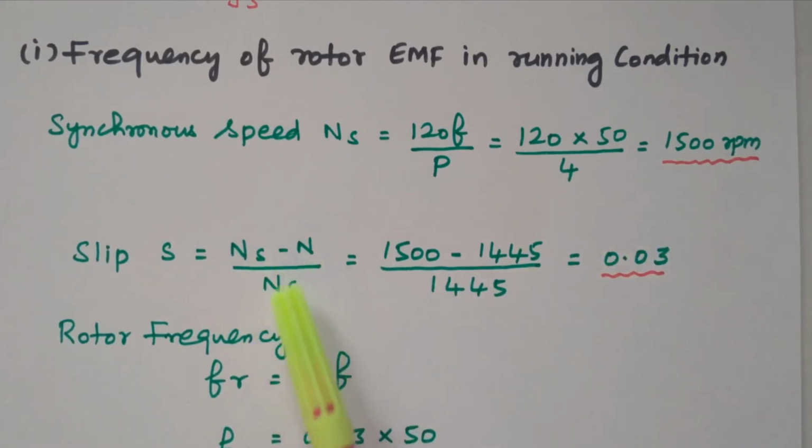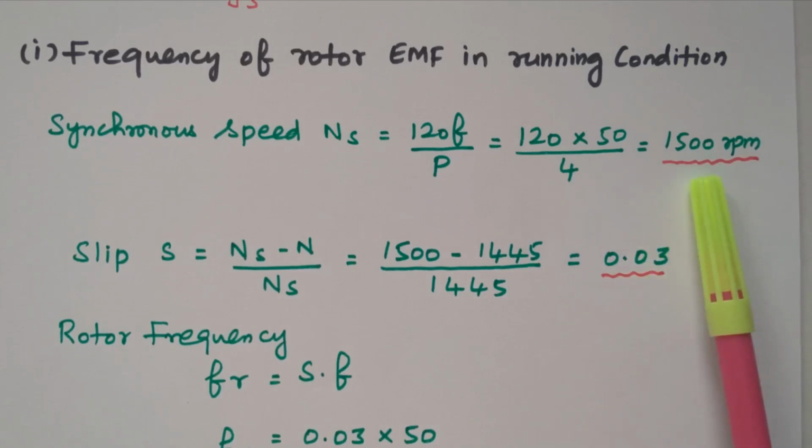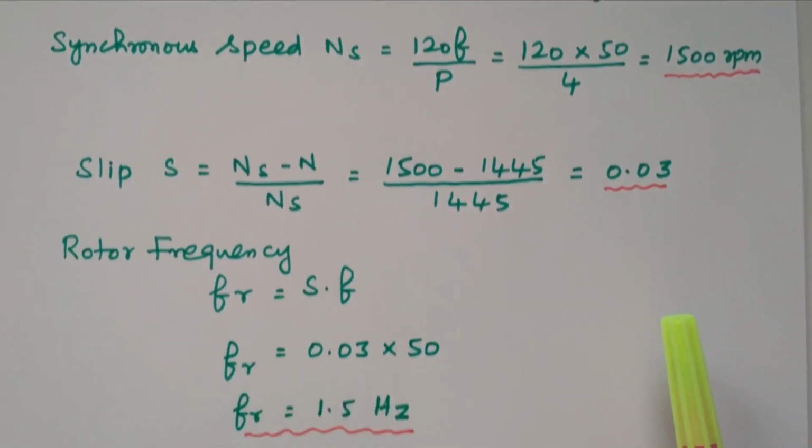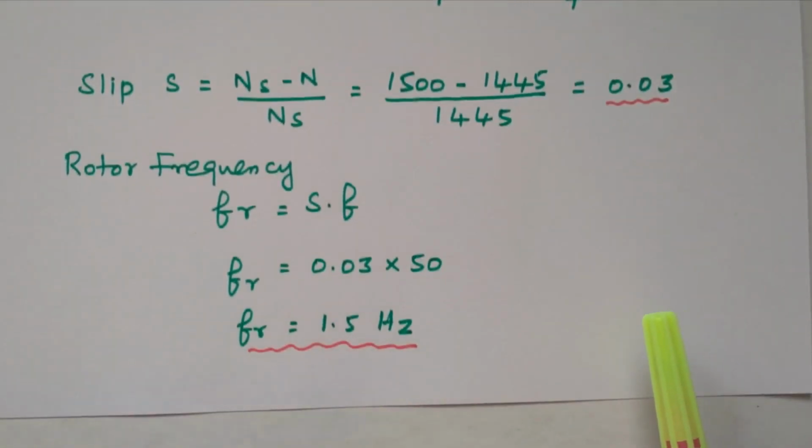So Ns minus N divided by Ns, 1500 minus 1440 divided by 1500, gives 0.03. The slip is 0.03. The synchronous speed is 1500, it is rotating at 1440, and based on that we got the slip of the induction motor as 0.03. From this slip we can easily calculate the rotor frequency.